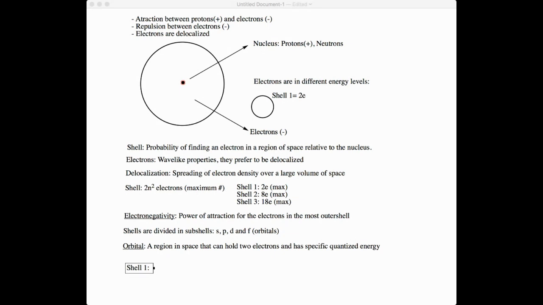So if we can have a maximum of 2 electrons, how many orbitals do we have in shell number 1? 1 orbital, right? And that orbital, we are going to call it 1s. 2 electrons max. And the shape of a 1s orbital is a sphere.